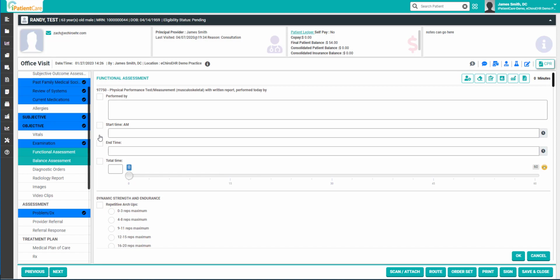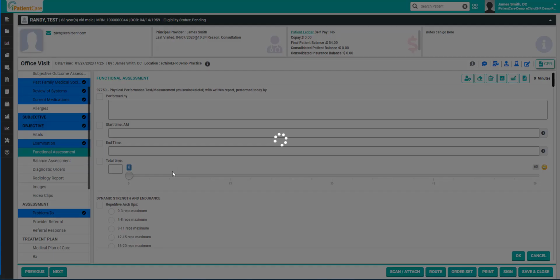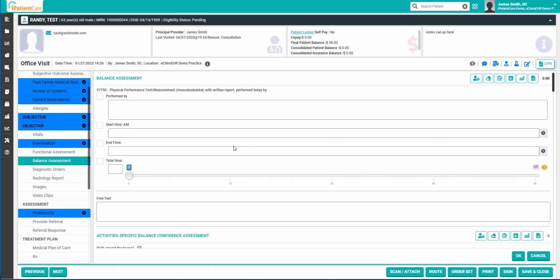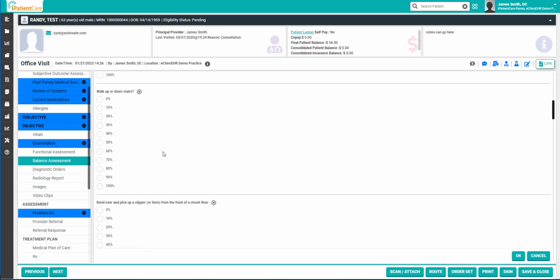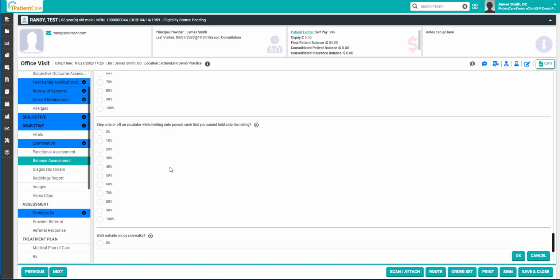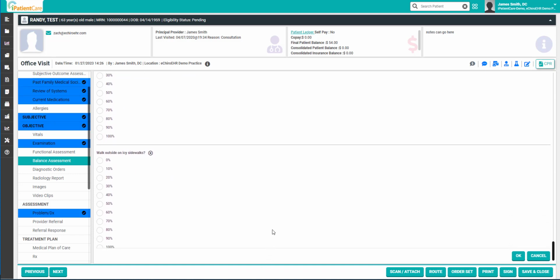You may have one that you already have developed that can be customized into this format. In addition to functional assessment, there's the balance assessment, and we have a number of balance assessment tools that are already built into the system, readily available for you to use. So for instance, we've got the ABC test, and we'll scroll down, allow it a chance to load the next one.